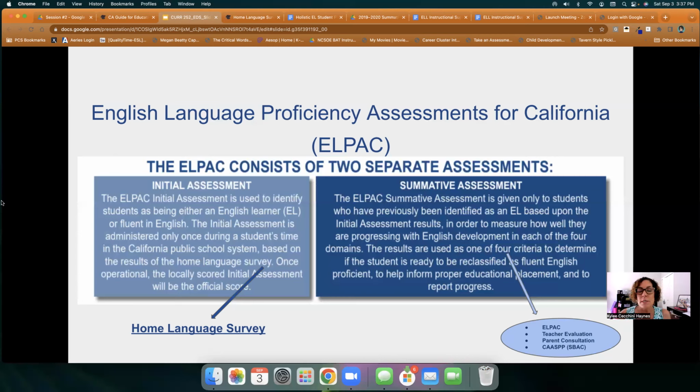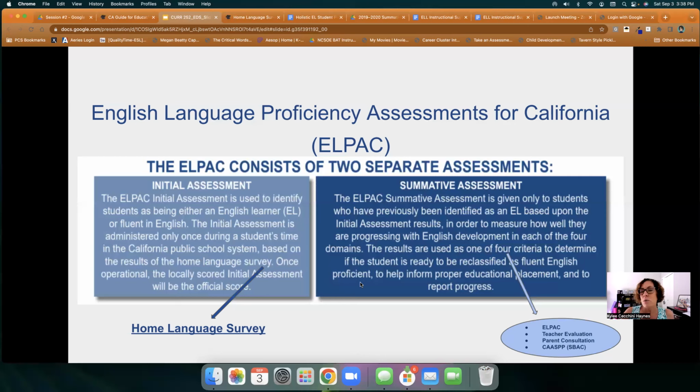Now, you'll notice here in this description that it says that the results from the test are used as one of 4 criteria to determine if the student is ready to be reclassified as fluent English proficient. So this is not a one and done. It's just one of 4 criteria. What are the 4 criteria? Well, number 1, the LPAC.